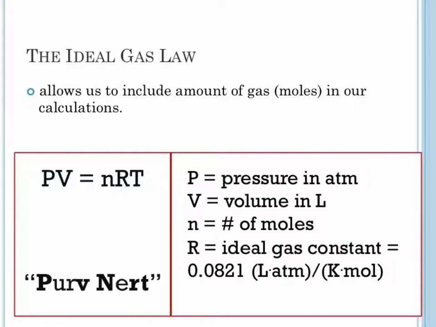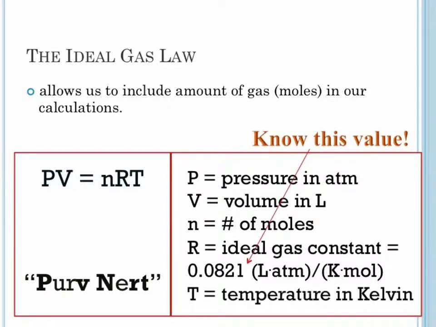If we are in kPAs, then the gas constant is 8.31. So these will be on the board. So you have to look and see what your pressure is in to determine which gas constant you're going to use. All right? And then T is temperature. And temperature is in Kelvin.